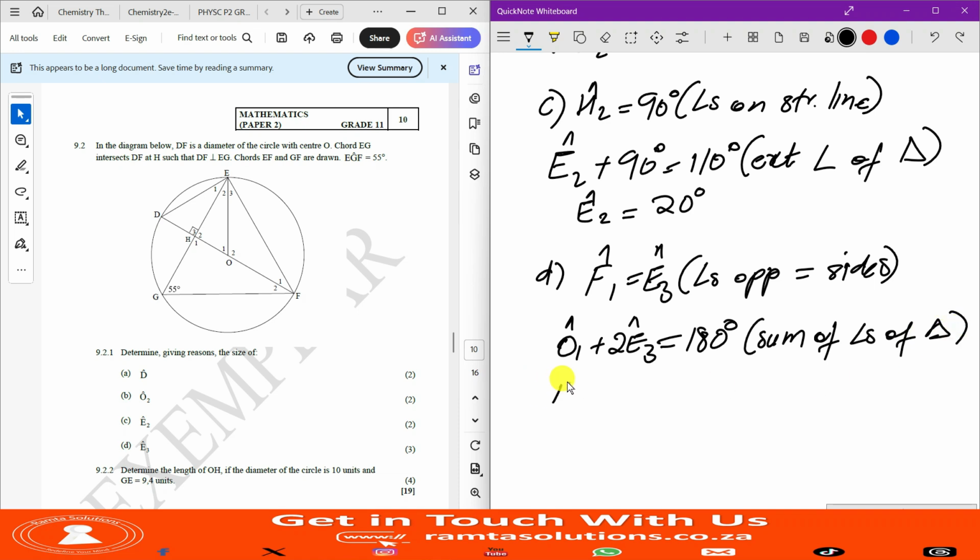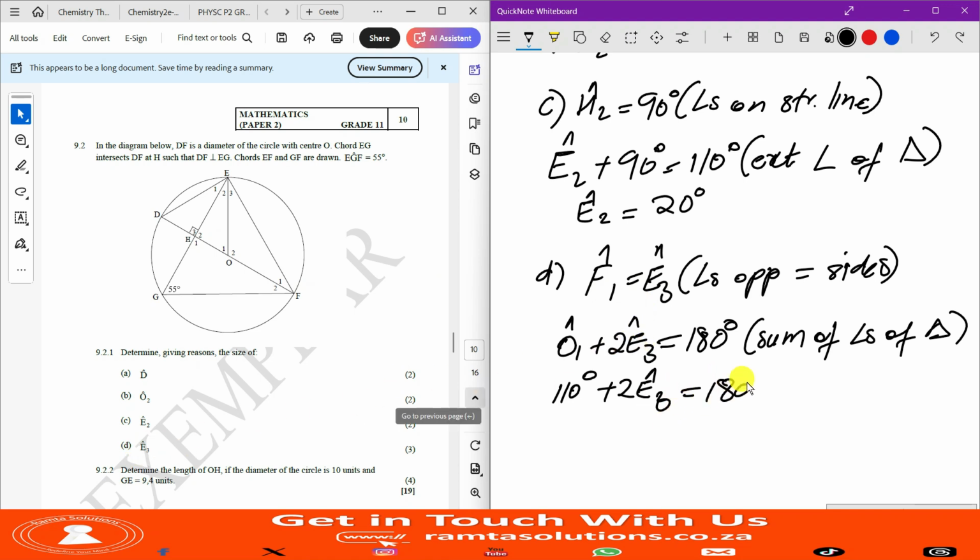What is E1? It is 110 degrees. Why am I saying 2 times E3? Because when we say sum of interior angles of a triangle, it means that we are saying O1 plus E3 plus F1. Like we had said, angle F1 is equal to angle E3, and I'm using E3 because we're looking for E3.